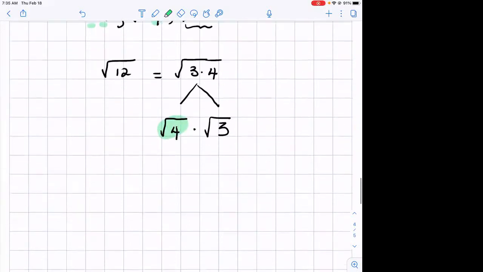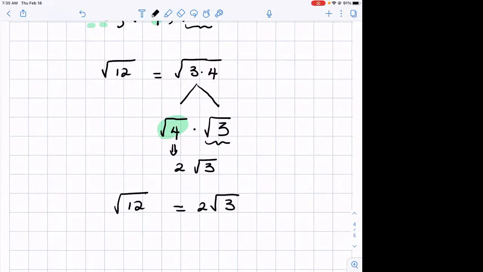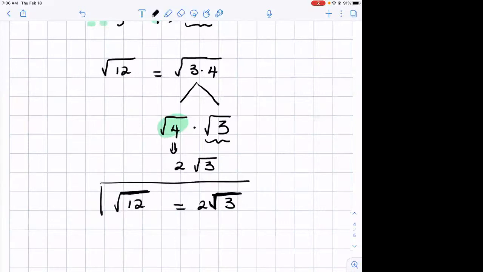The reason I do that is because I know the square root of 4 is 2 and the square root of 3 cannot be simplified, so we just write square root of 3. So the square root of 12 is the same as 2 root 3. And please make sure when you make your radical that the line on the top covers everything, or covers the radicand. Very important. And this is our final answer here.